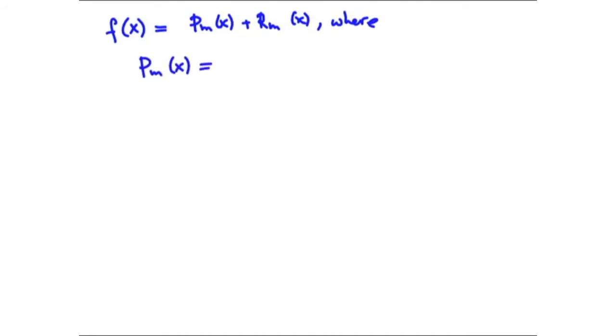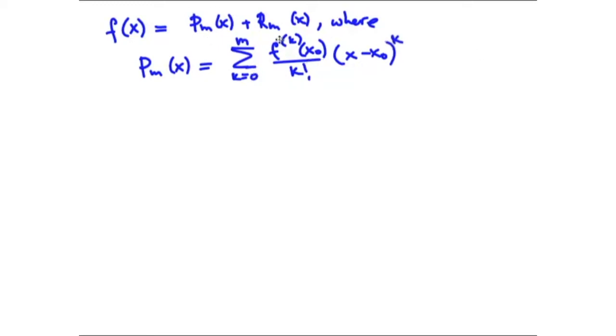In fact, Taylor's theorem tells me that if my function f is, let's say, m plus 1 times continuously differentiable on some open interval, then f of x can be represented as the sum of Pm of x and Rm of x, where my Pm of x will be a polynomial of degree m, the sum for k between 0 and m of the kth order derivative of f at x0 divided by k factorial times x minus x0 to the power k. Okay, so this is the approximating polynomial term.